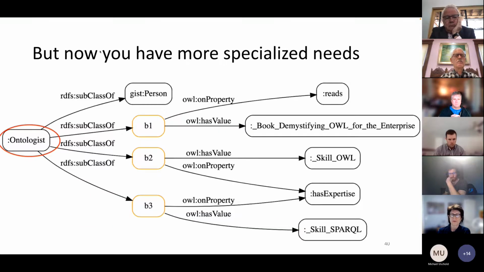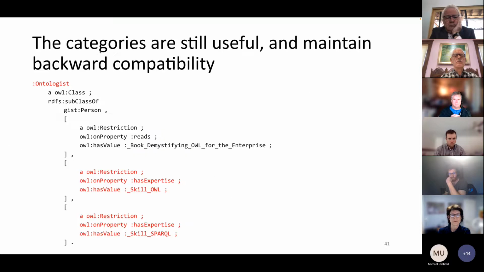I won't go through this whole thing because this is supposed to be a review. So then what you can do is create a new class and put restrictions on it that it relates to these categories in some way, but you're also defining a class ontologist, which can have other properties. For example, in this case, we're saying an ontologist has read Michael's ontology book.